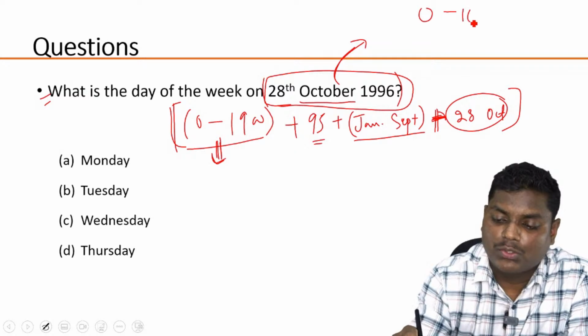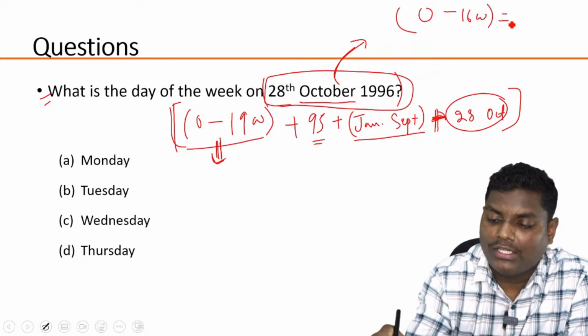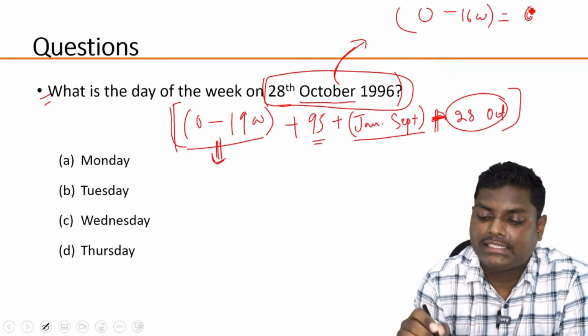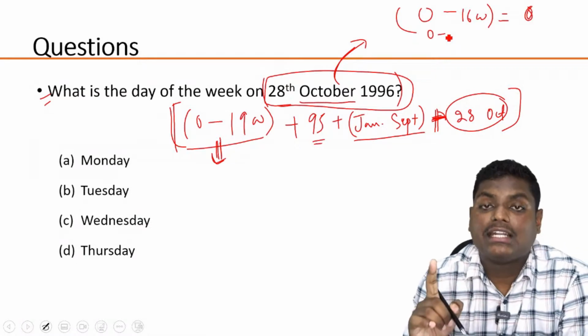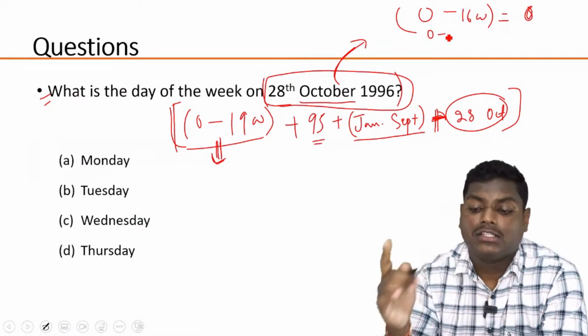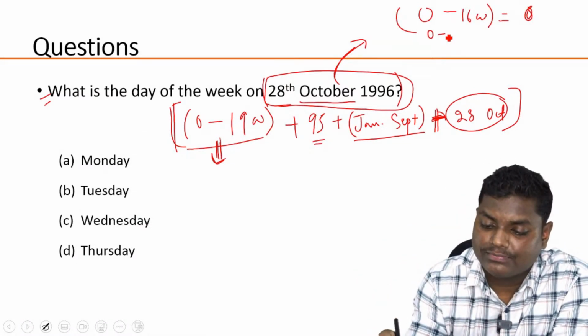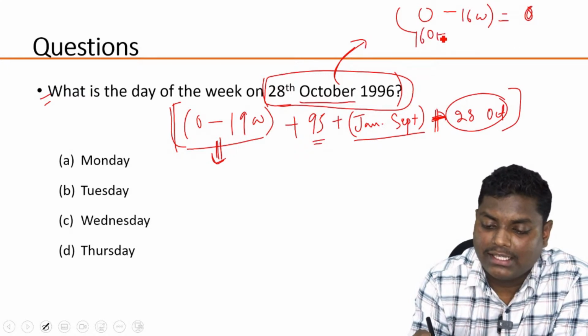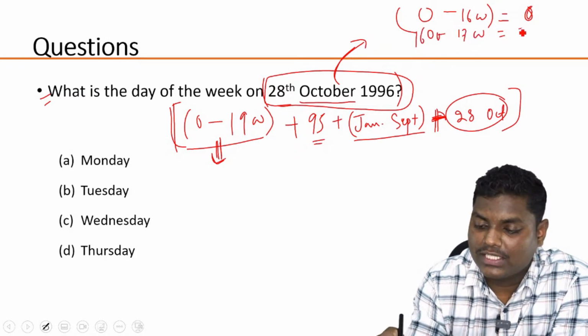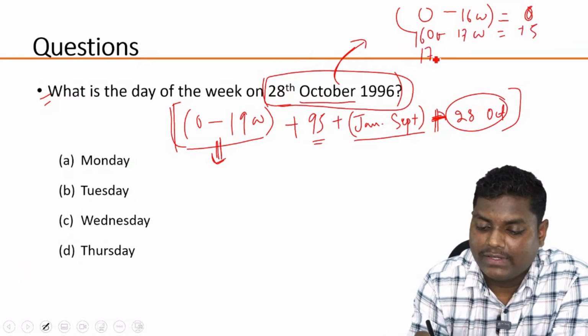We know for 0 to 1600, the number of odd days is 0. For each 100 years, we know that the number of odd days is 5. So from 1600 to 1700, it is plus 5. Then from 1700 to 1800, again it is plus 5.